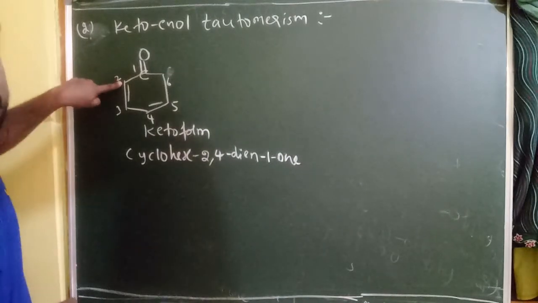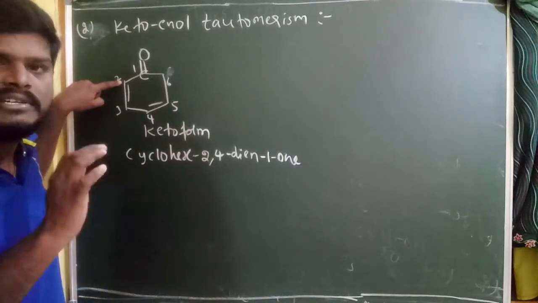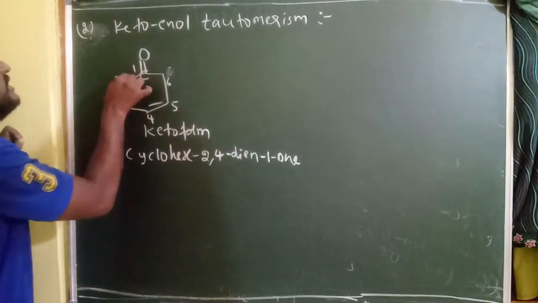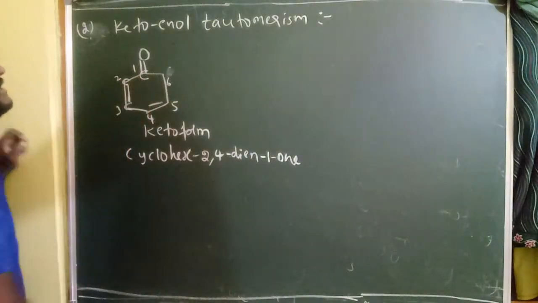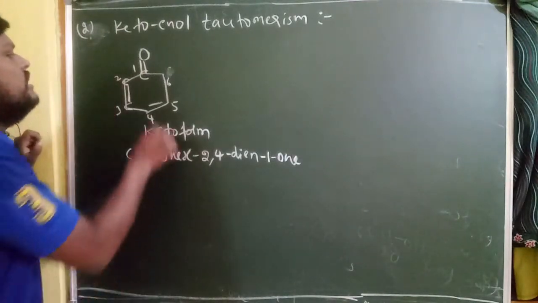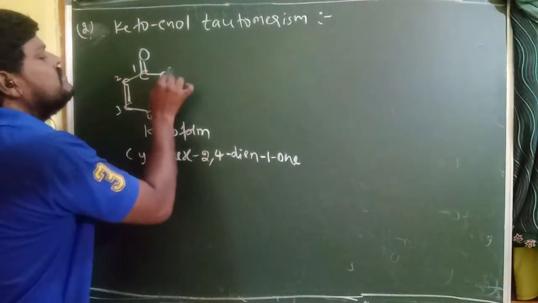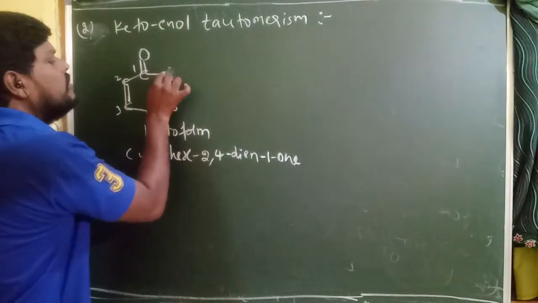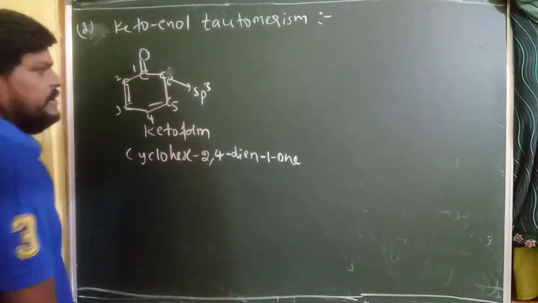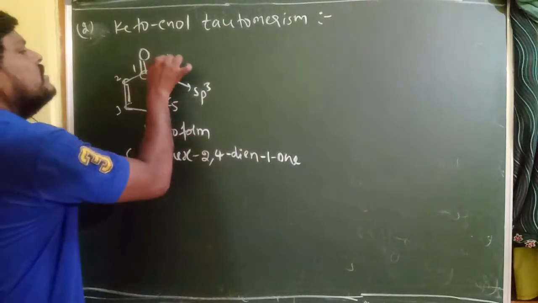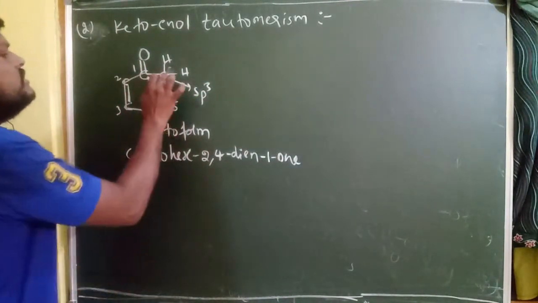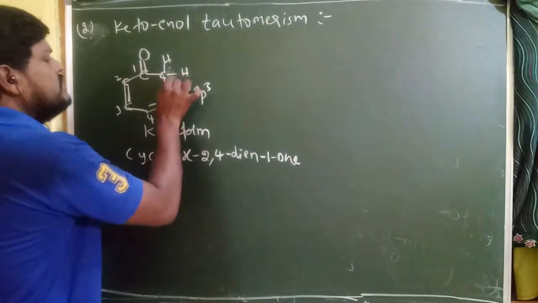I told you already in previous classes, an alpha carbon must be a saturated, sp3 carbon with carbon to carbon single bonds. This one is a double bond, so it is an sp2 hybridized, unsaturated carbon. This other carbon is saturated because it has carbon to carbon single bonds, so it is treated as an sp3 carbon. This carbon contains 2 hydrogens because carbon must be tetravalent. 1, 2, 3, 4. Yes, this is the alpha carbon.